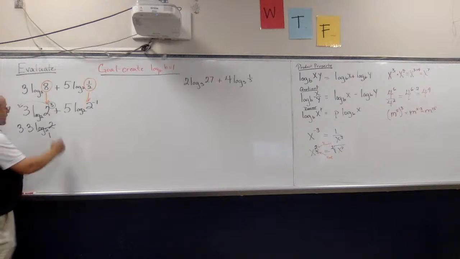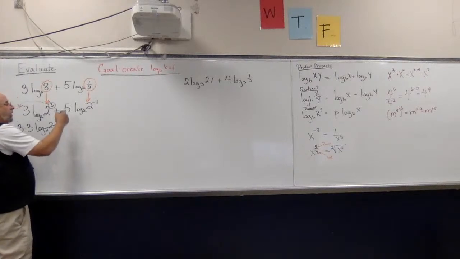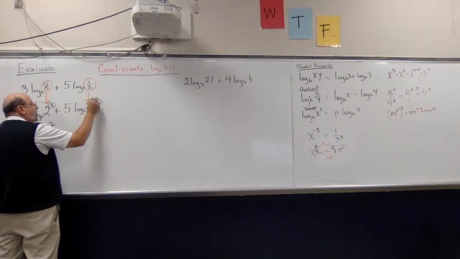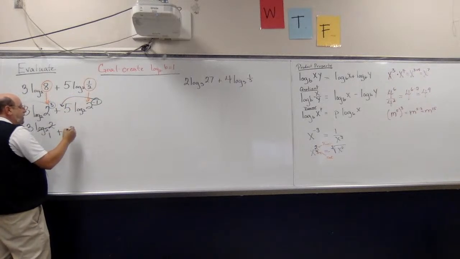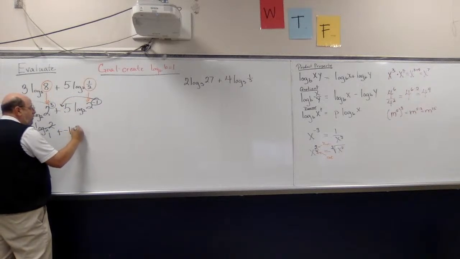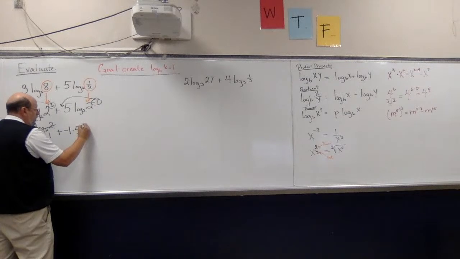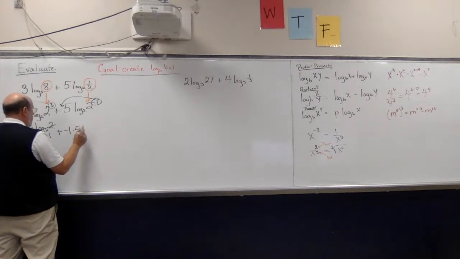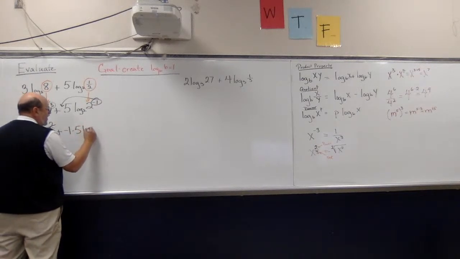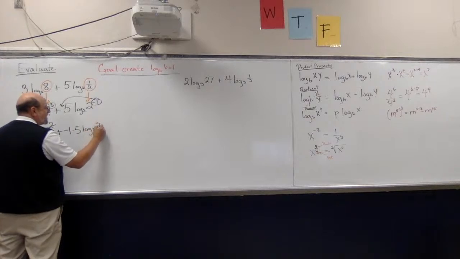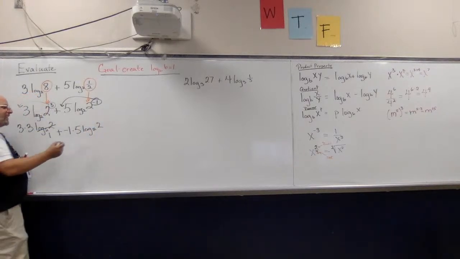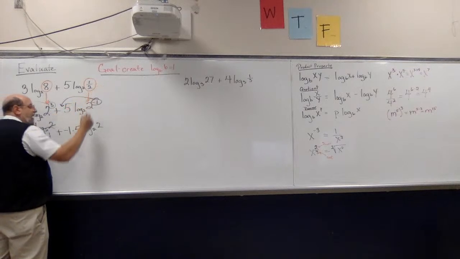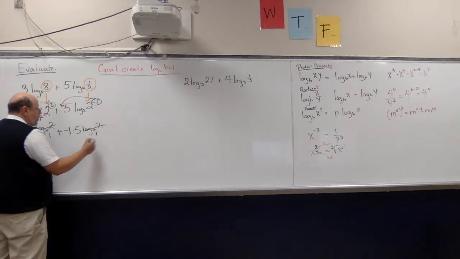Cool? Let's continue. I take this power, I throw it up front. Negative 1 times 5 log base 2 of 2. These two things, just like that, the same, they equal 1.